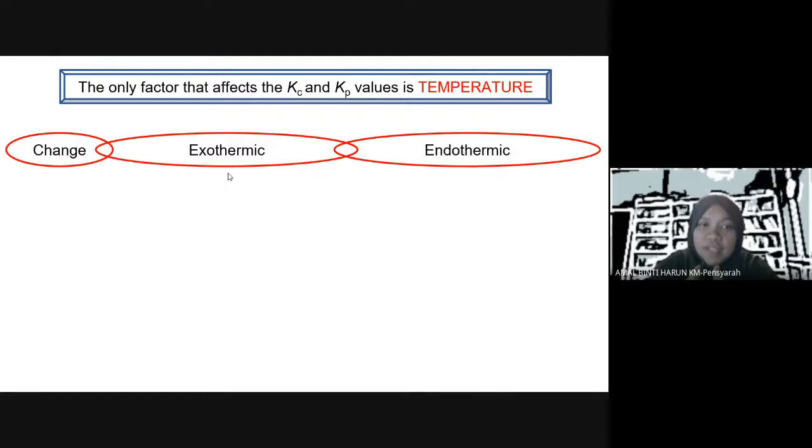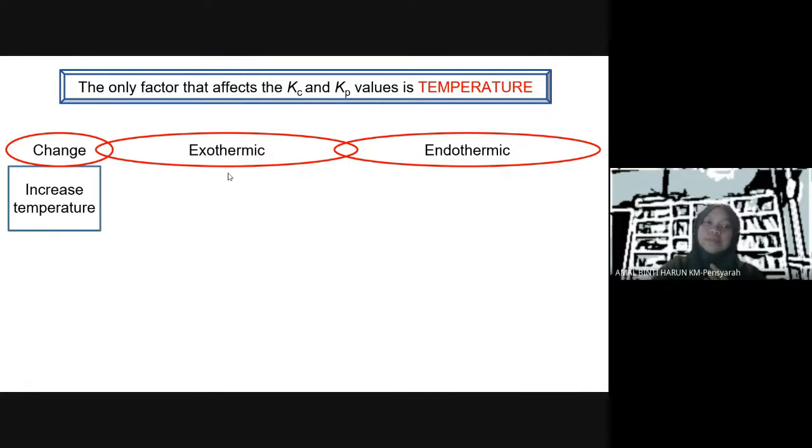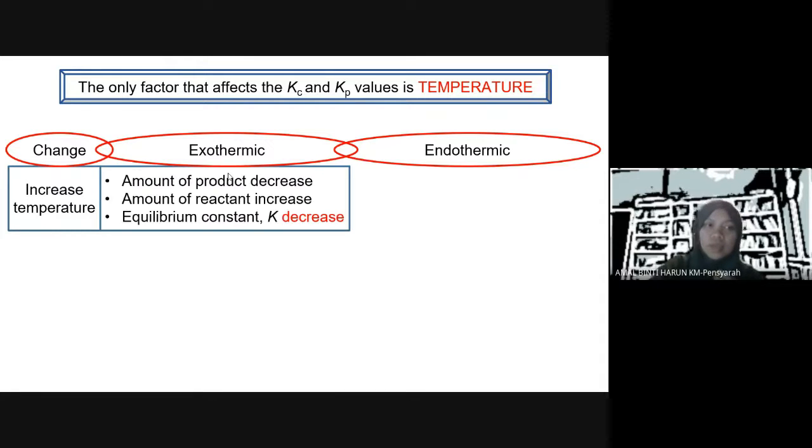The only factor that affect Kc and Kp is the temperature. Okay, kalau increase temperature, exothermic product decrease, amount of reactant increase, equilibrium K decrease. Okay, kenapa dia K decrease? You tengok sini.